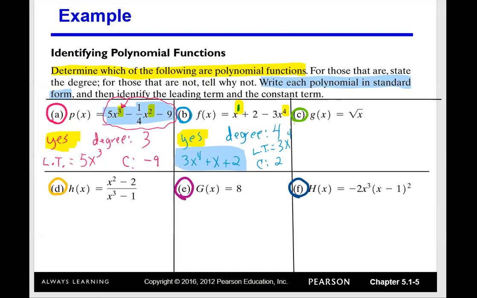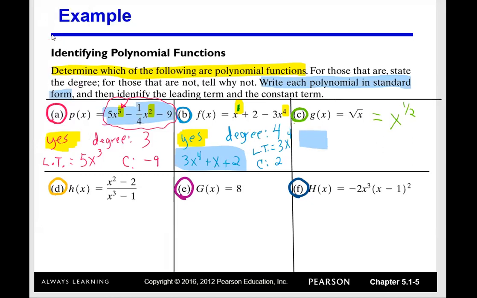All right, now C. Well, when I look at the x, I'm like, hey, that's to the first power. It must be a polynomial function. No, because if you remember, the square root of x is the same thing as x raised to the 1/2 power. So this is not a polynomial function.